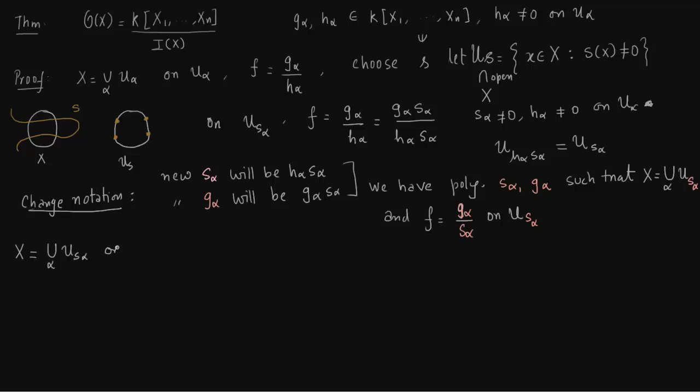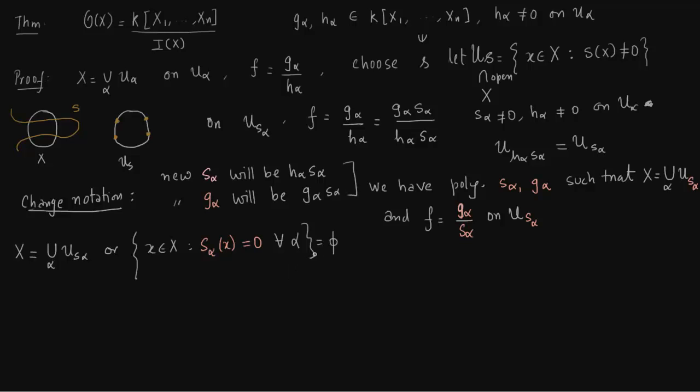So X is covered by these two sets, and these two sets are complementary to each other. X is covered precisely by sets such that S alpha X does not vanish, and so the space is divided into two parts: where the polynomial S alpha X vanishes and where it does not vanish. Where it does not vanish, we have put it in X, and where it vanishes, we are taking it separately.